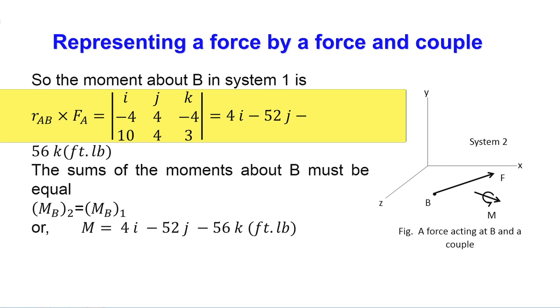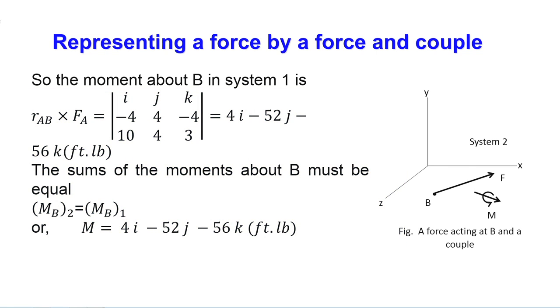By this determinant we can find these values. The sum of the moments about B must be equal, so M B2 equals M B1. In the second system the moment is M, and for the first system we have already derived R A B cross F A. If we put that in, we can find the moment.